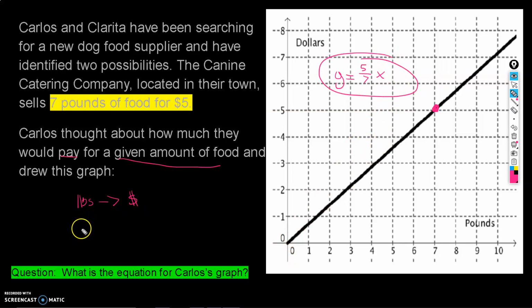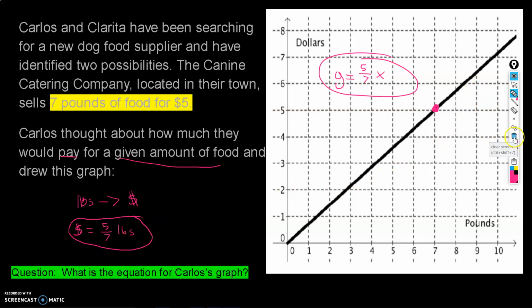So y equals, and y in this case is dollars, so Carlos's equation is dollars equals 5/7 times the pounds of food. This function says plug in pounds, and I'll tell you how much money these Brutus Bites are going to cost.